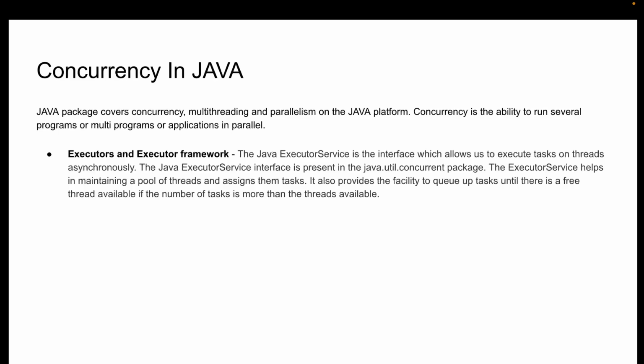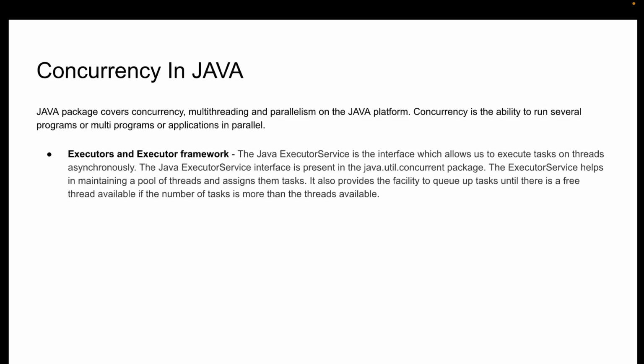Once that job is done, that particular thread will be sent back to the pool. And again, if there are more tasks to be done, the thread scheduler will see if threads are available. Let's say 3 threads are available, so those 3 threads can be picked up to do the tasks. And once those tasks are completed, those threads will again be sent back to the pool.